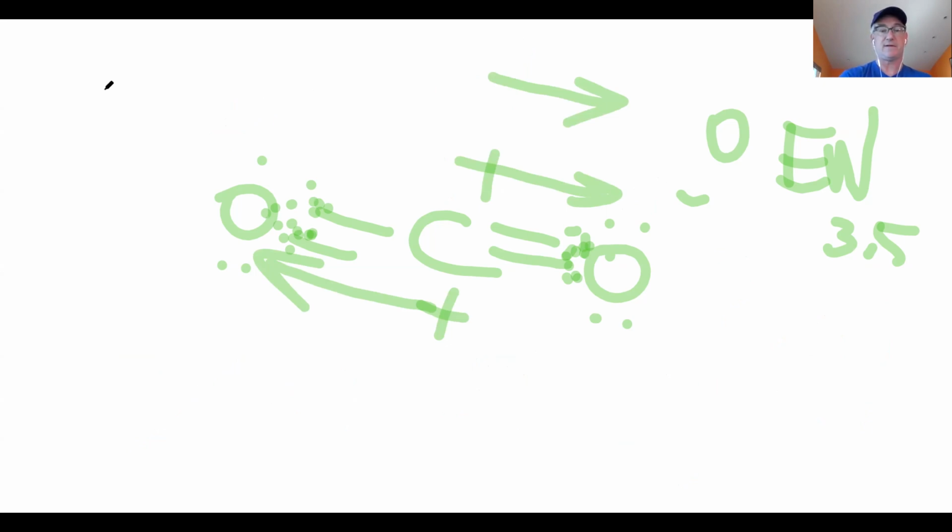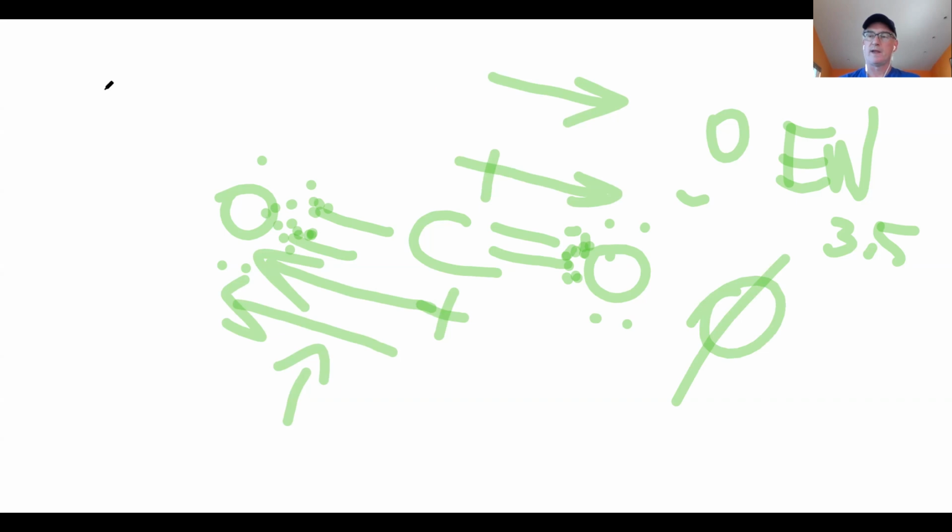This second carbon-oxygen bond is also polar, pointing in the opposite direction. So basically I have two vectors that are exactly the same size, pointing in exactly opposite directions. When I add those two together, what do I get? Zero. Because they cancel each other out.